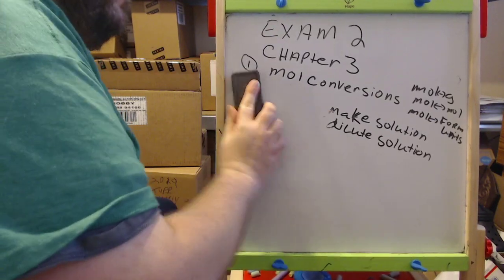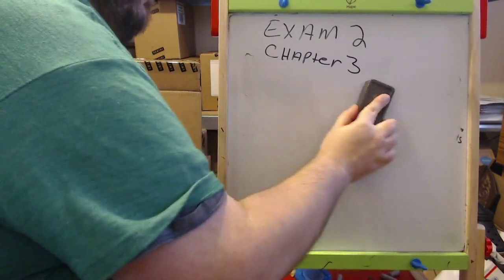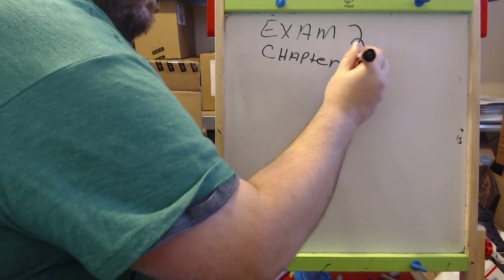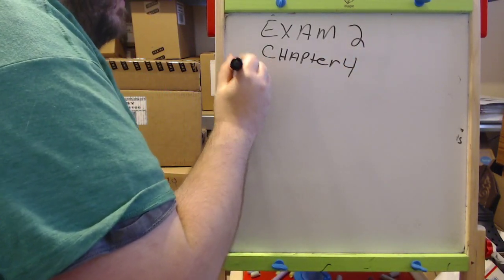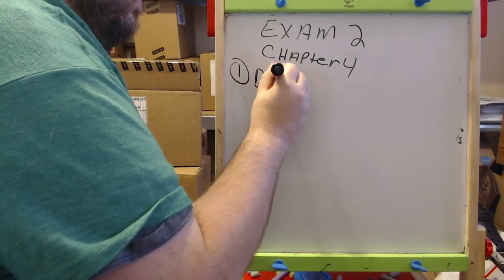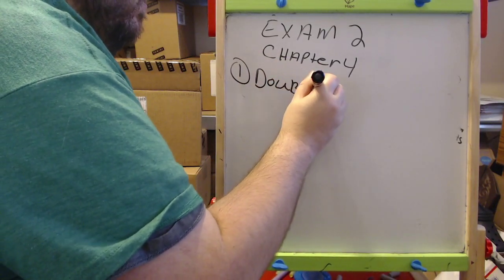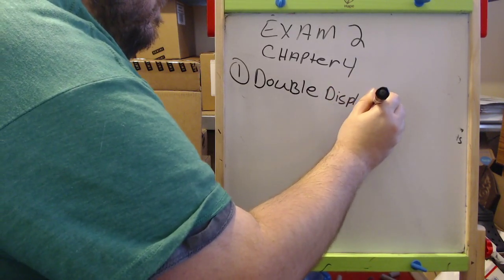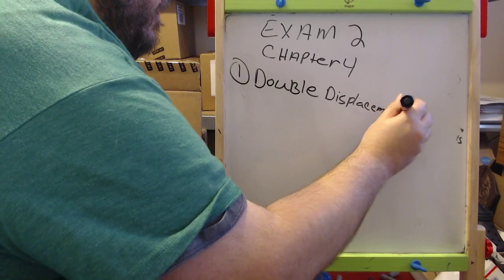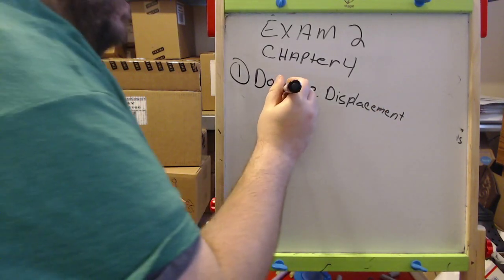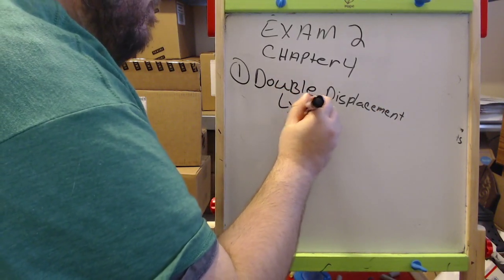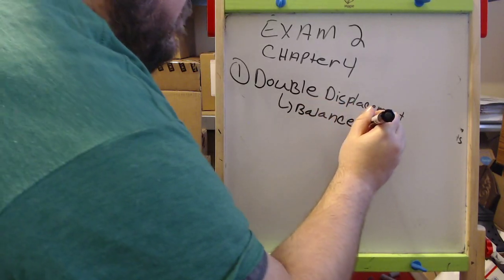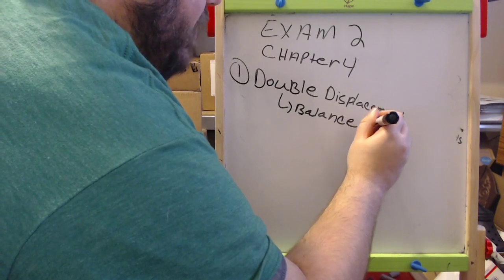Chapter 4, the one we just finished. You should be able to do double displacement reactions. What I mean by that is you should be able to balance them, and find your products.